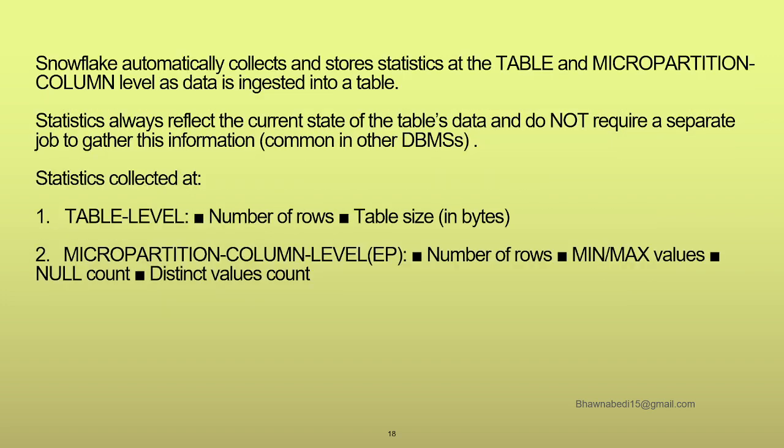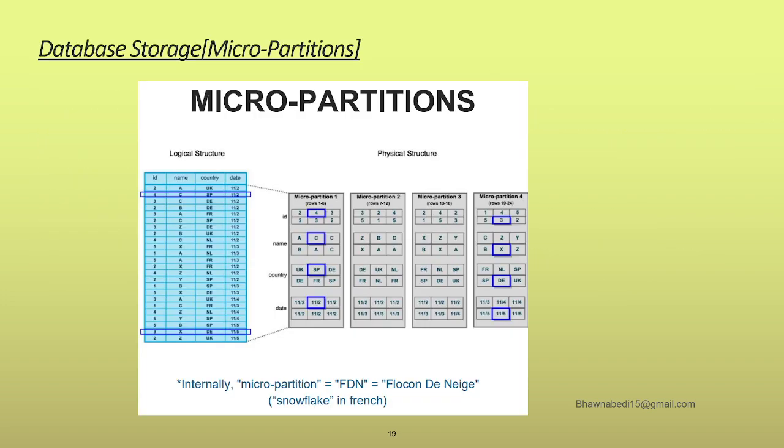In fact, let me show you, that will be much better than me explaining it. If you look at this particular diagram over here, what is essentially happening? This blue box over here is nothing but the data. You have your ID column over here. Let's say you have your name, country and date. The moment you add this data into any table, the physical structure of micro partitions will look something like this.